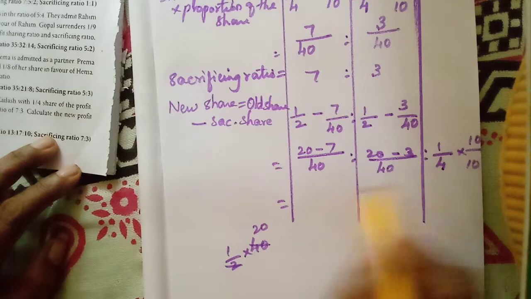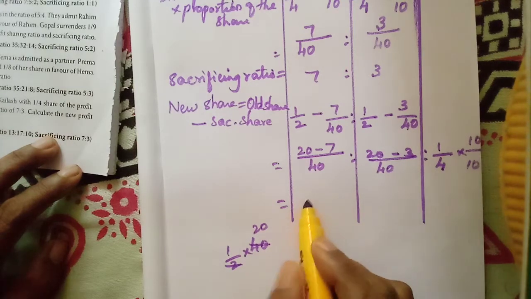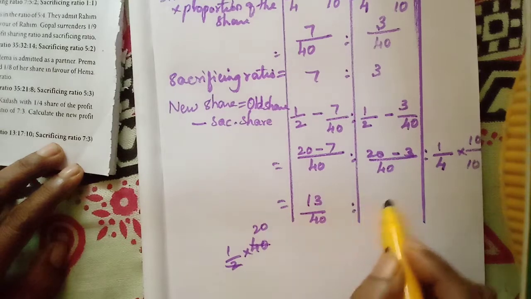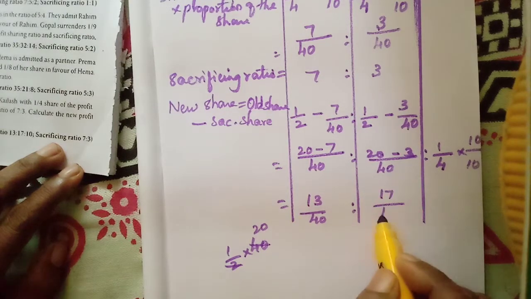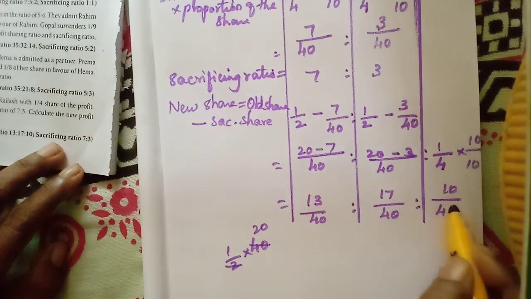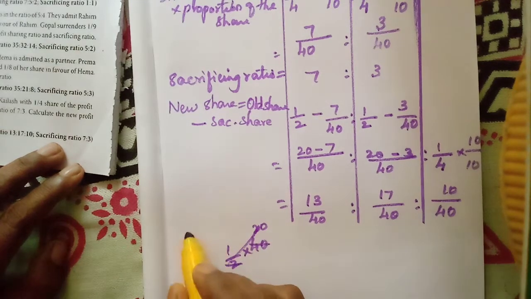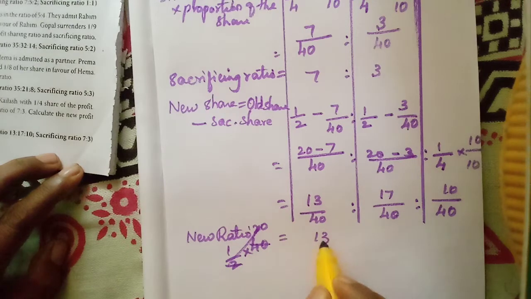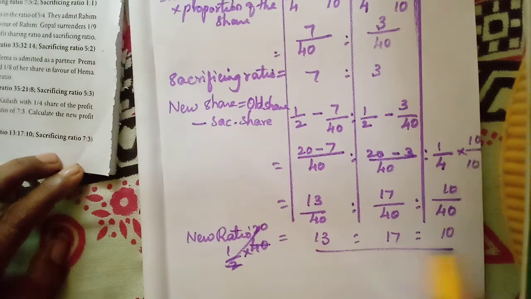We will get 40. So 20 minus 7, 13 by 40. Here 17 by 40. 10 by 40. So what is the new ratio? 13 is to 17 is to 10.